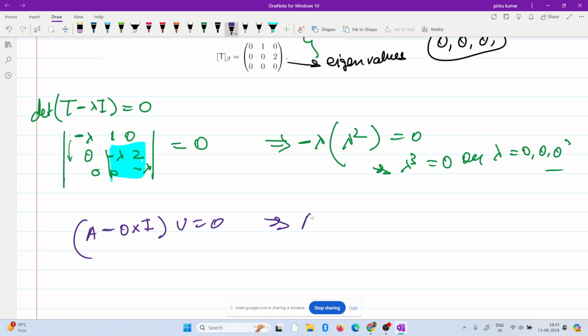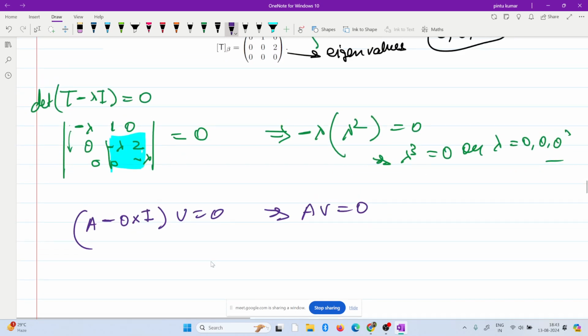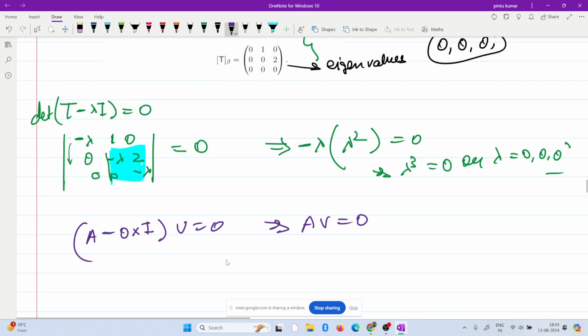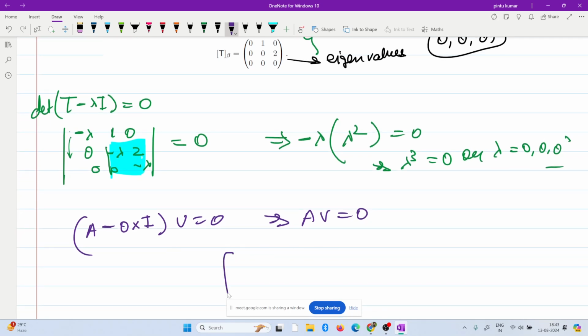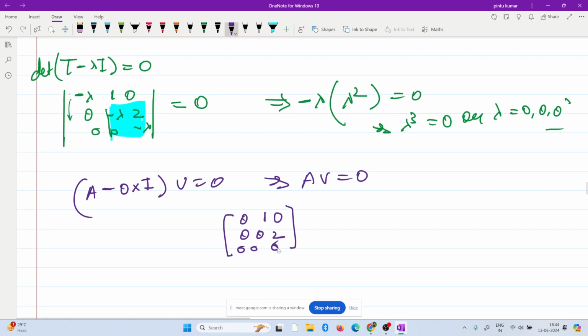Or this is simply A v is equal to 0. So matrix A is nothing but T over here, right? So this is 0, 1, 0, 0, 0, 2, 0, 0, 0, and v1, v2, v3 is 0.